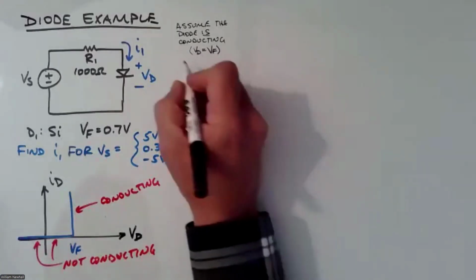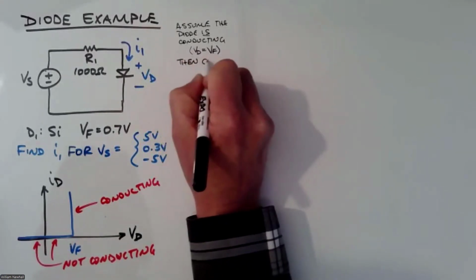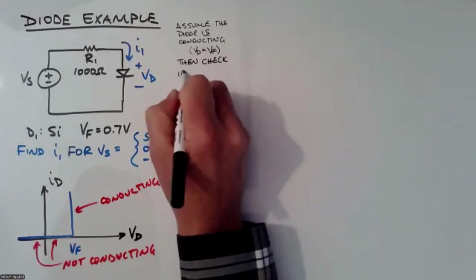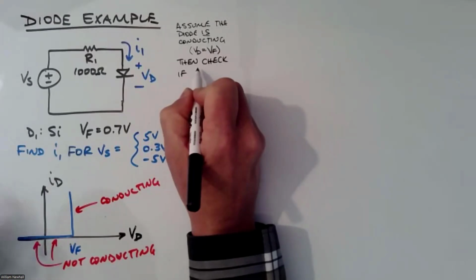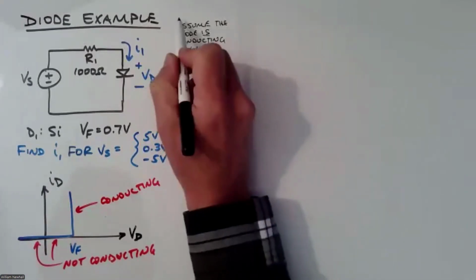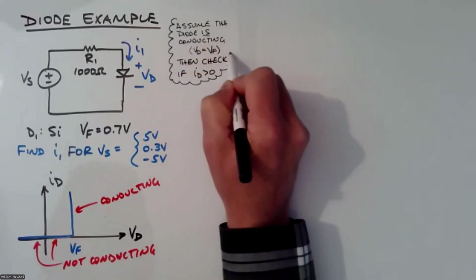We're going to check if ID is greater than 0. I'm going to put a little cloud around this because we're going to refer back to this.